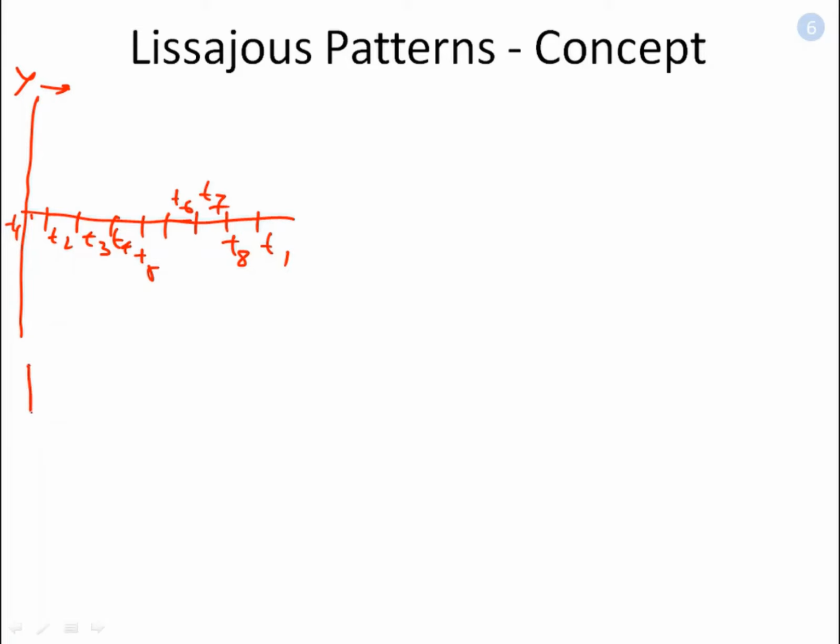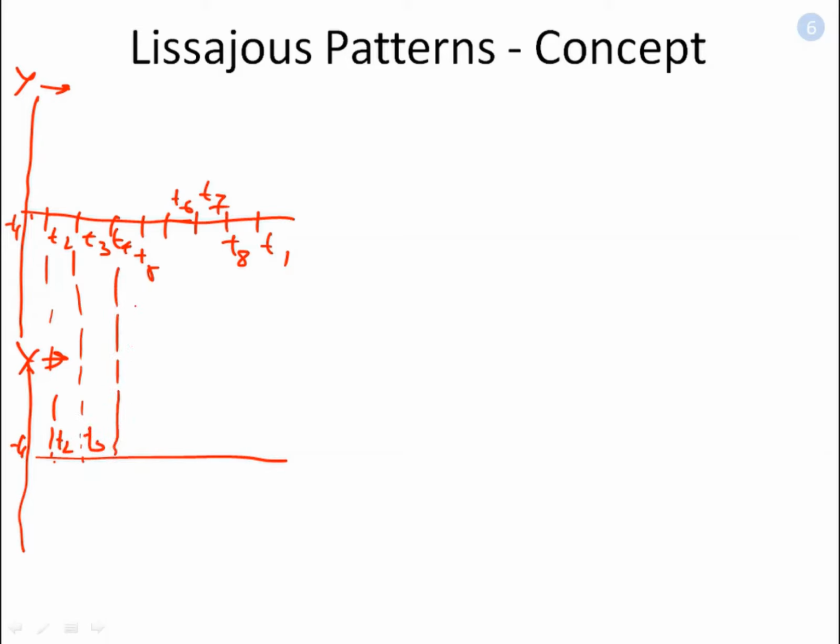Below this, again, the input to the X plate, here also the same thing should happen. This is T1, this is T2, this is T3, this is T4, this is T5, this is T6, this is T7, this is T8, and this is again T1.